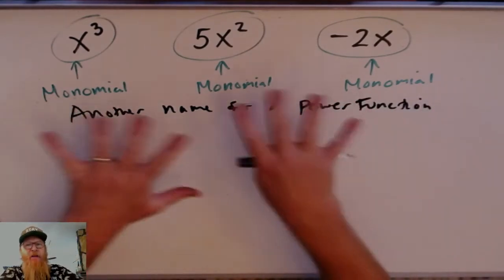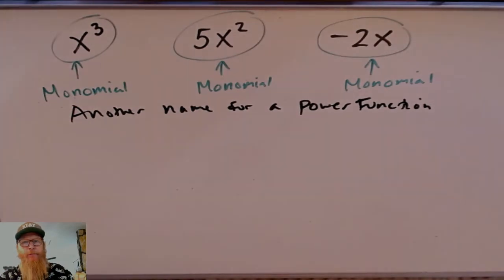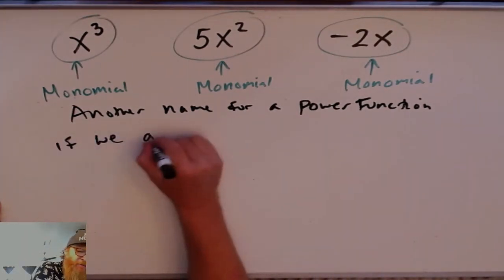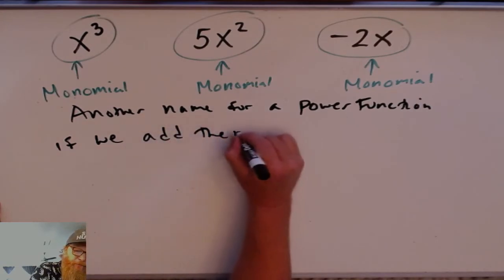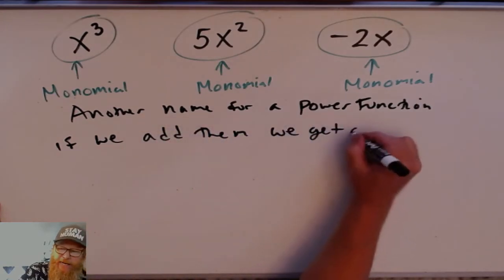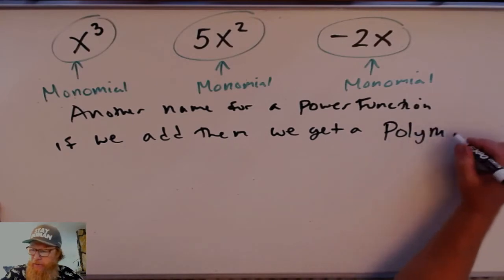So I have 3 monomials here. Okay. If we add them together, we get a polynomial.